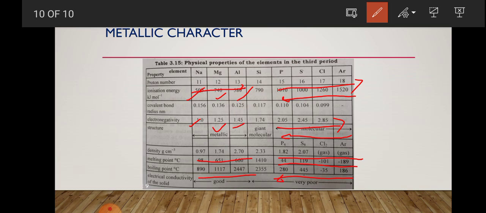On the other hand, non-metals have low melting and boiling points. If we go from left to right in a period, the metallic properties decrease, and if we go from top to bottom in a group, the metallic properties increase.